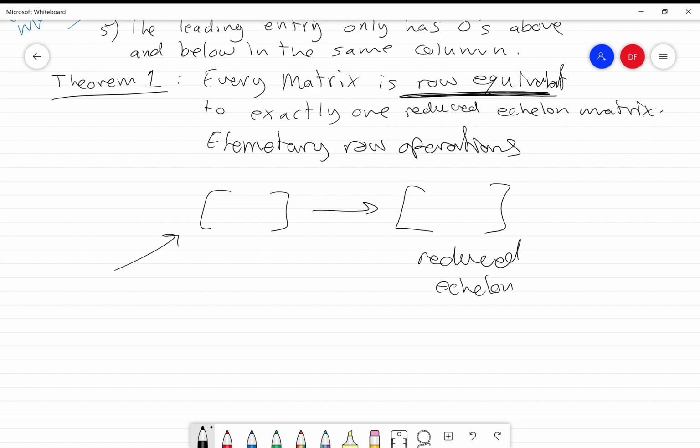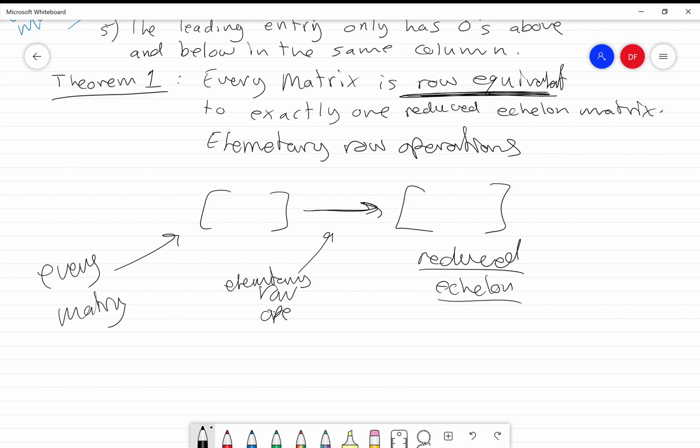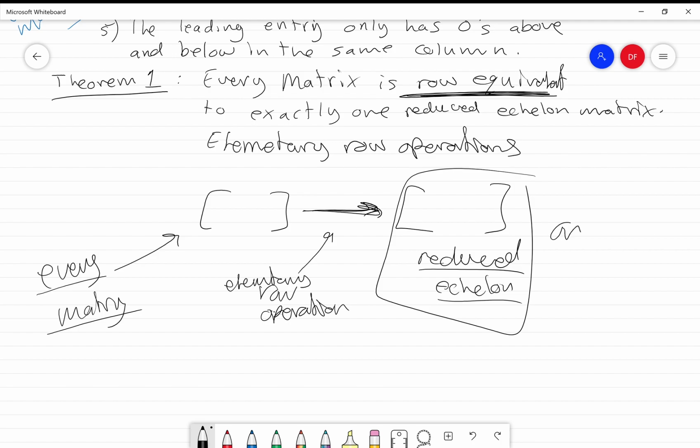So every matrix we can turn into reduced echelon form by using elementary row operations. Okay, and every matrix can be changed to only one reduced echelon form matrix.